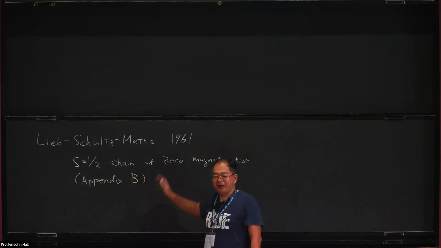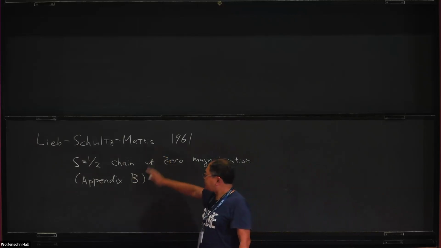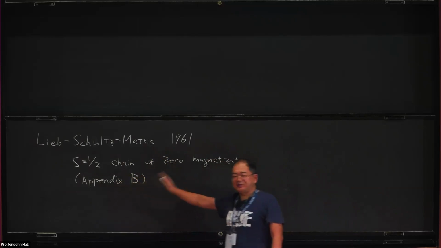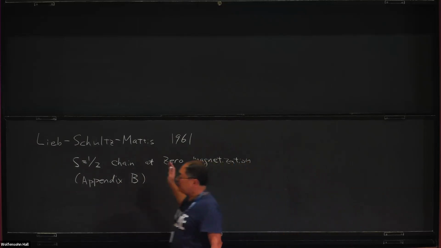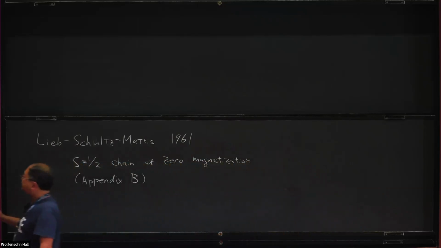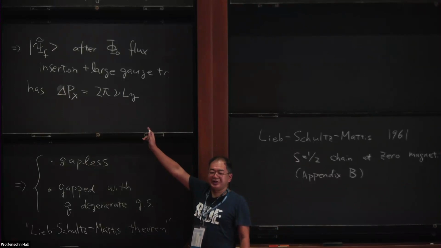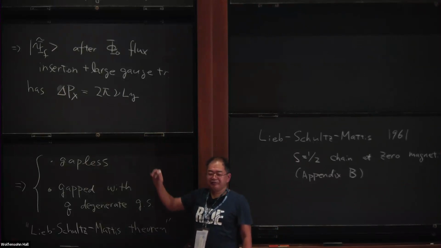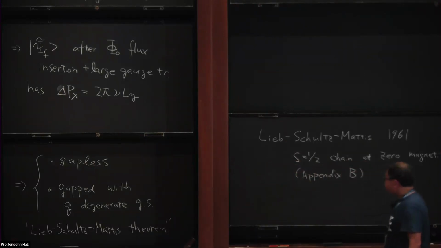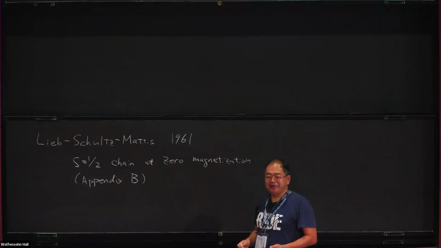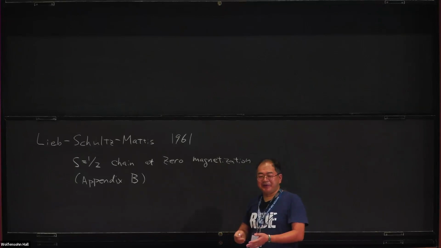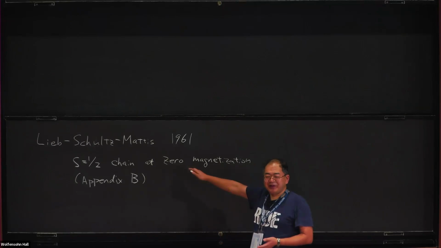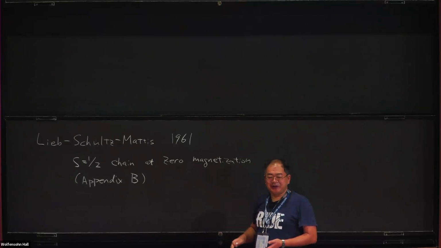If you apply this theorem to an integer spin chain at zero magnetization, then you don't have any constraint, because an integer spin chain at zero magnetization corresponds to integer filling in this language. So my suspicion is that initially they were too optimistic, but when they tried to write it up, they realized that this theorem cannot be generalized to integer spin chains.